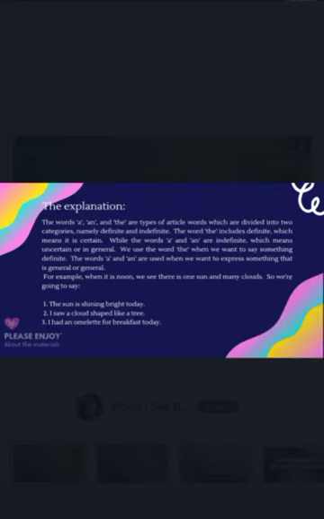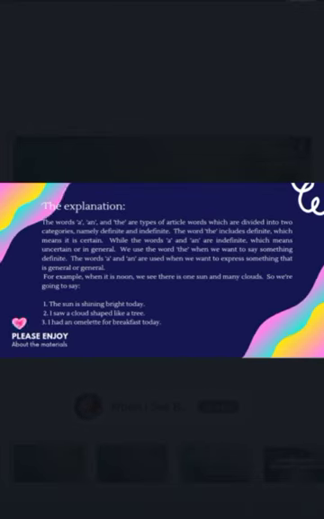When speaking in English and learning English, have you ever felt confused when to use the word a dog or the dog? Here we will explain when we should use the words a, an, and the in everyday sentences. The words a, an, and the are types of article words which are divided into 2 categories, namely definite and indefinite.